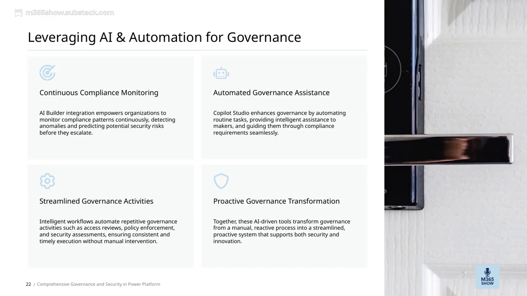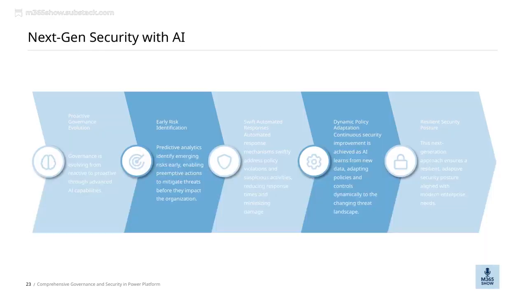It empowers organizations to keep an eye on compliance patterns constantly, allowing us to detect anomalies and even predict potential security risks before they become serious issues. All these elements work together to create a governance approach that's smarter, faster, and more reliable, perfectly aligned with our overall goal of enabling secure and innovative Power Platform solutions.